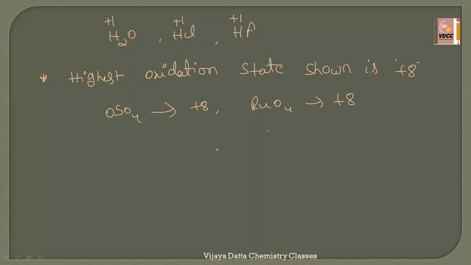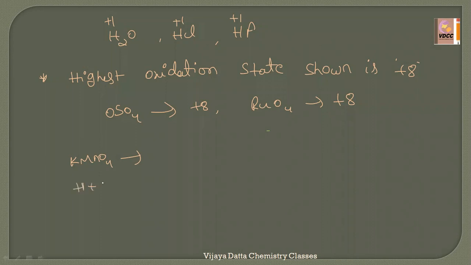And now we can calculate oxidation numbers for some examples. How do we calculate the oxidation number? Take KMnO4 and find the manganese oxidation state. Potassium's oxidation state is +1, we know.